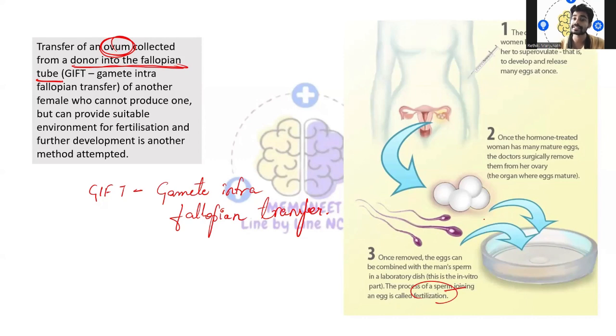And now it is inserted into whom? It is inserted into the mother, that is, it has been implanted, so that further development happens normally in the mother's body. So this is another way fertilization can happen.